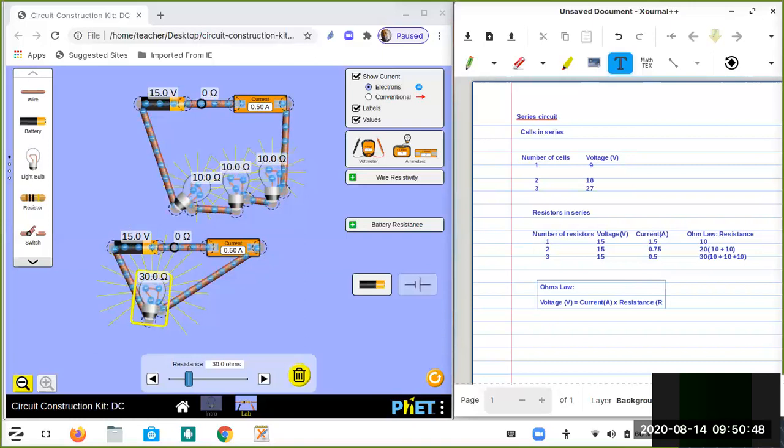So this is Ohm's law. It is a formula which says voltage is equal to current multiplied by resistance. So we can play around with this formula to calculate any of these quantities, right?